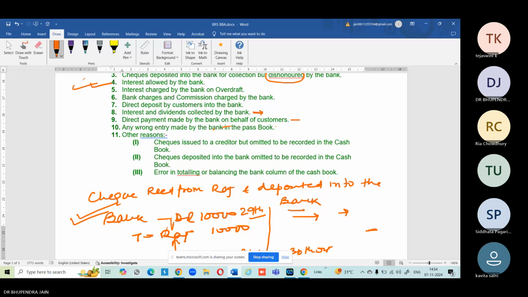Again, the bank will pay after the standing instruction given by the customer to the bank.